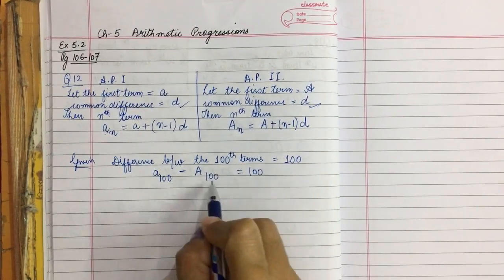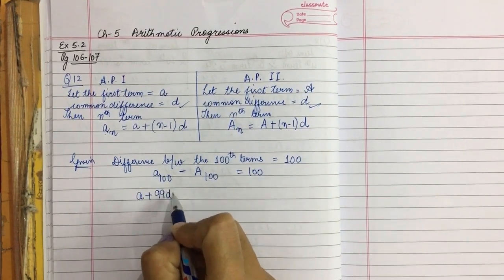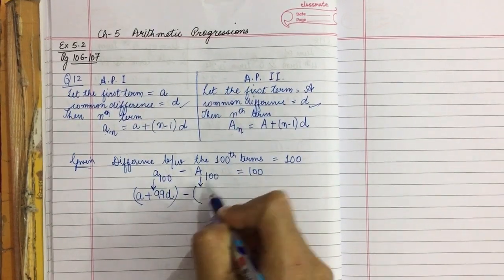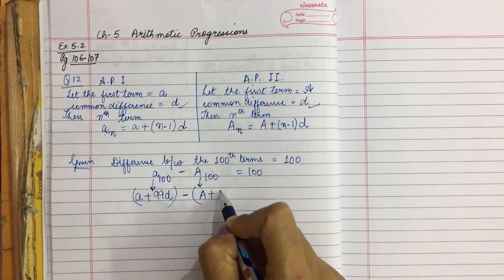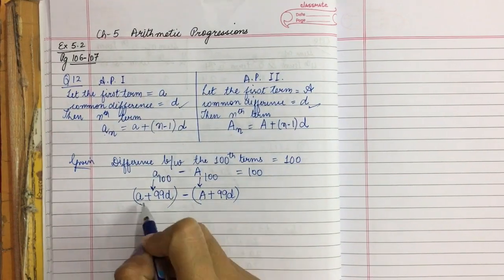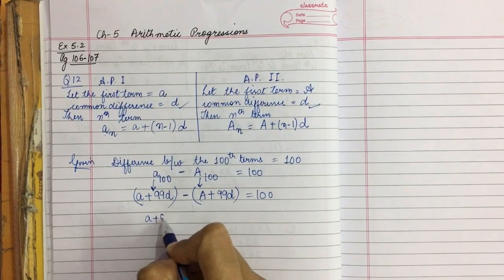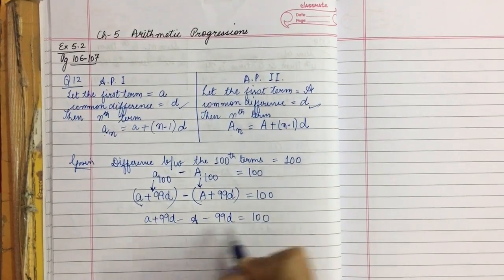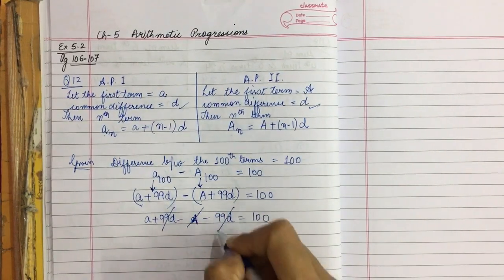Now let's use the formula for these. The 100th term will be a plus 99 times d for the first one, minus A plus 99 times d for the second arithmetic progression. The common difference is the same, only the first term is different. Opening the brackets and changing the signs, the terms containing d get cancelled.